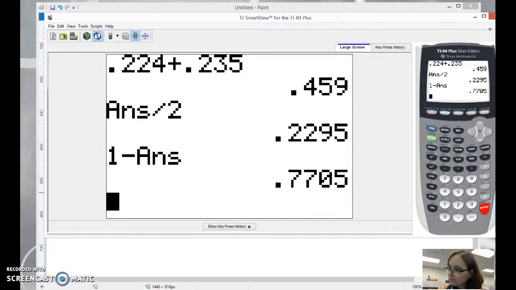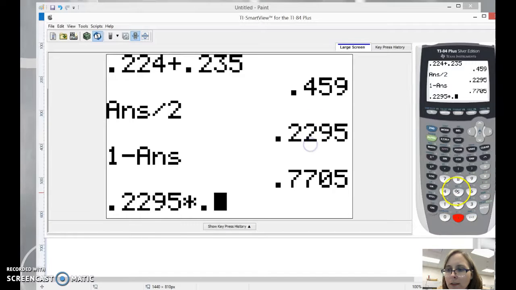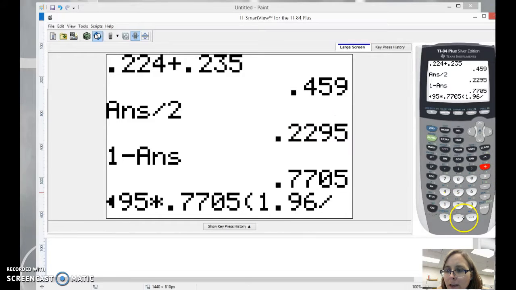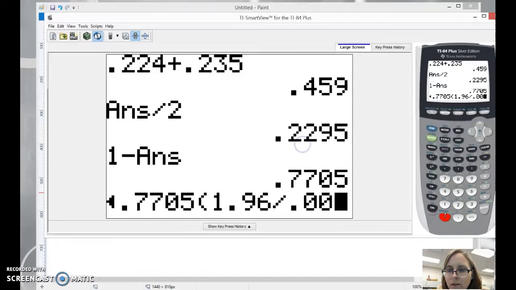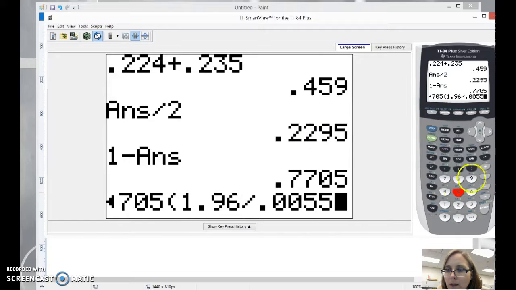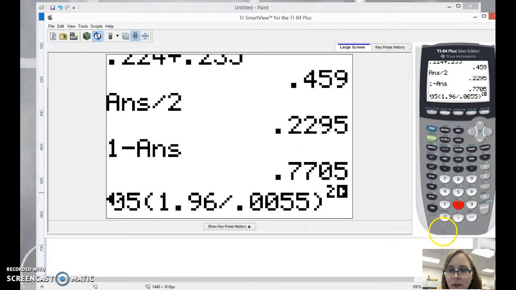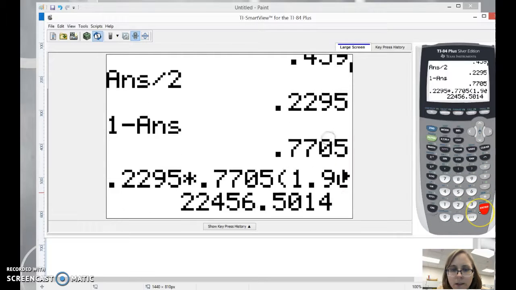On the calculator, I would go 0.2295 times 0.7705, parenthesis, 1.96 divided by 0.0055, close that parenthesis, and then I need it to be squared. And then hit enter.